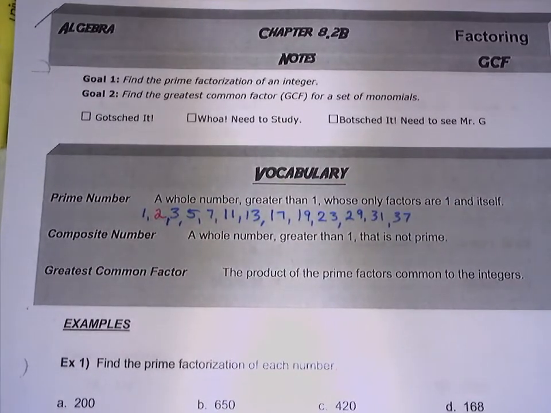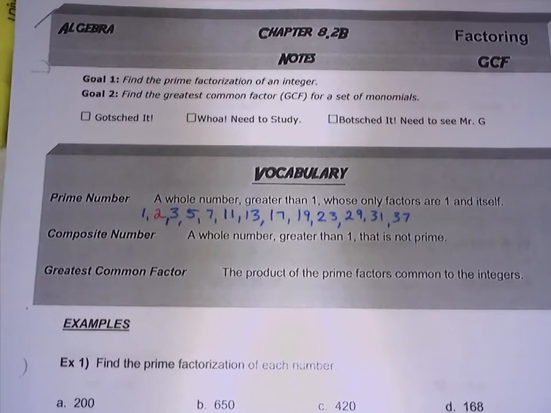Good job, Gail. So, again, most prime numbers are odd numbers except for the number 2. 2 is the only even guy.